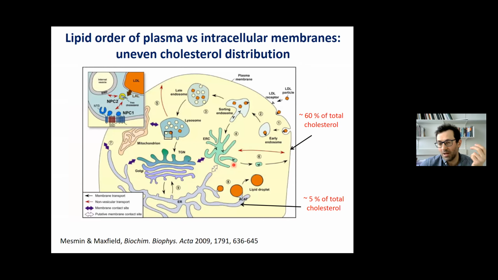Just an example, 60% of cholesterol is located in the plasma membrane, and only 5% of total cholesterol is located in the endoplasmic reticulum. So their lipid composition is so different, and lipid organization should be very different as well.